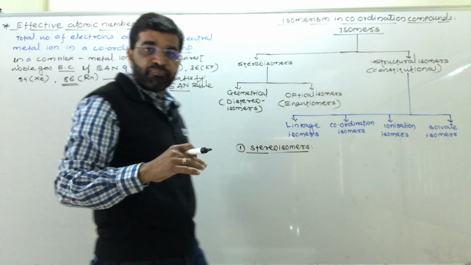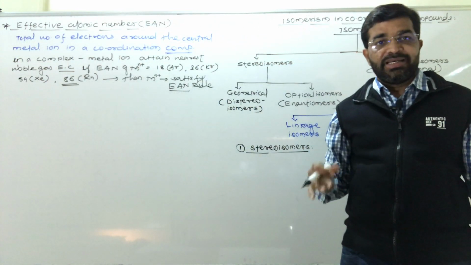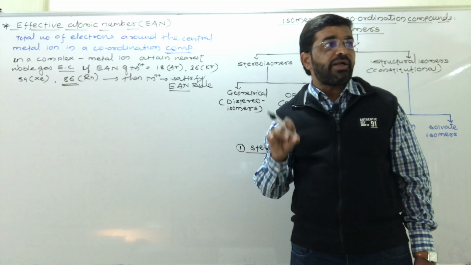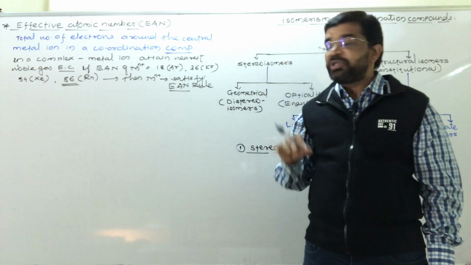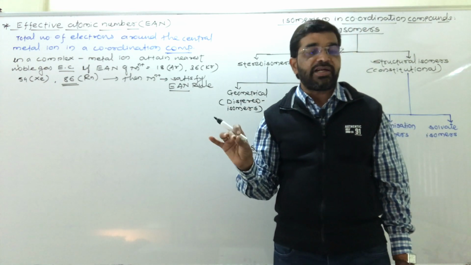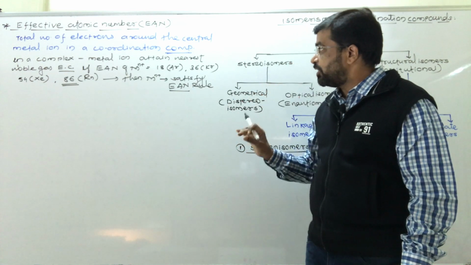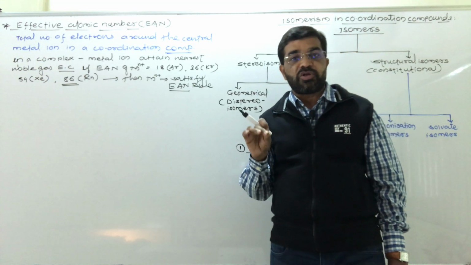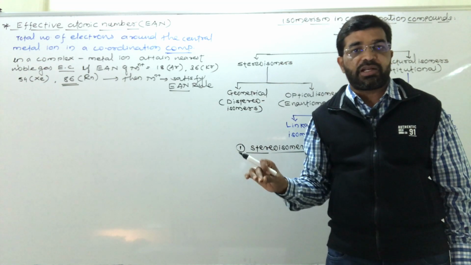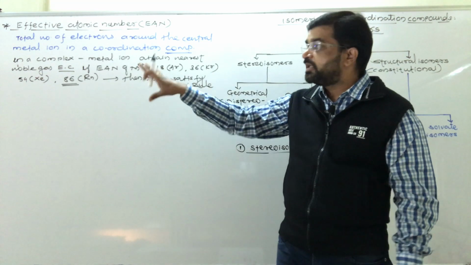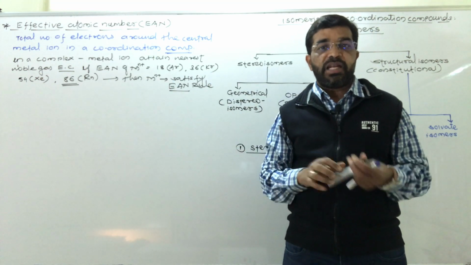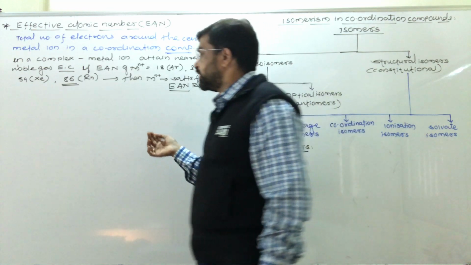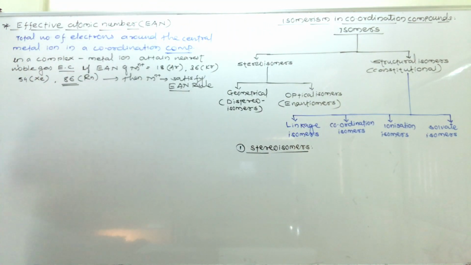It is said that the effective atomic number rule is satisfied when the effective atomic number of that metal ion is equal to the nearest noble gas electronic configuration, like argon, meaning the effective atomic number is 18, or 36 electrons around it. If the metal has exactly the number of electrons equal to the nearest noble gas electronic configuration, then it satisfies the effective atomic number rule.